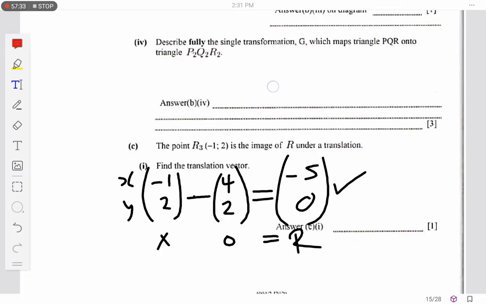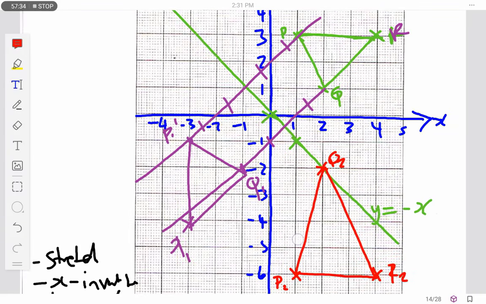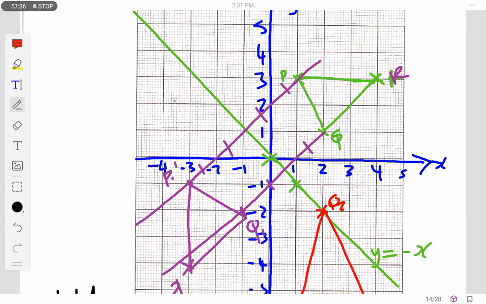Another way of doing it, I will come to my diagram. I will mark myself R3. My R3 is minus 1 and 2.